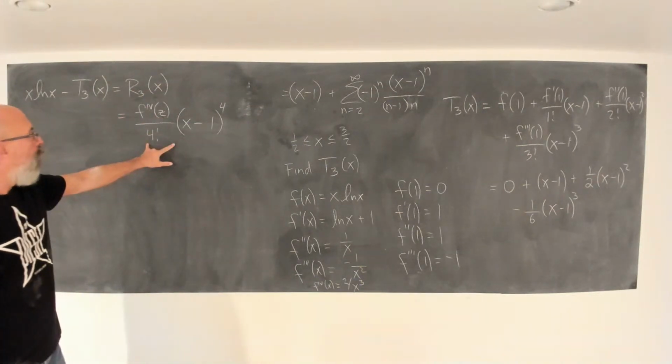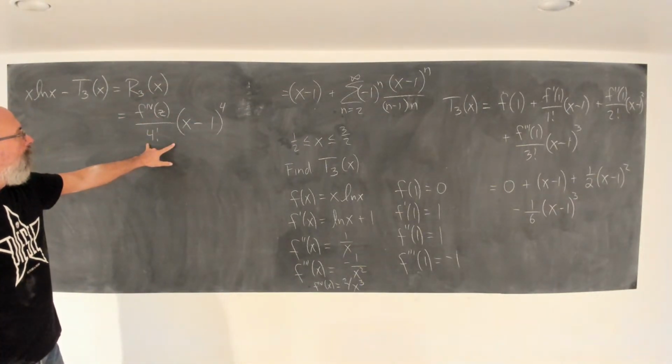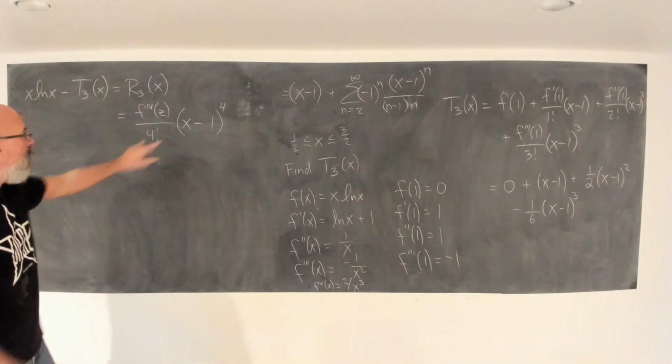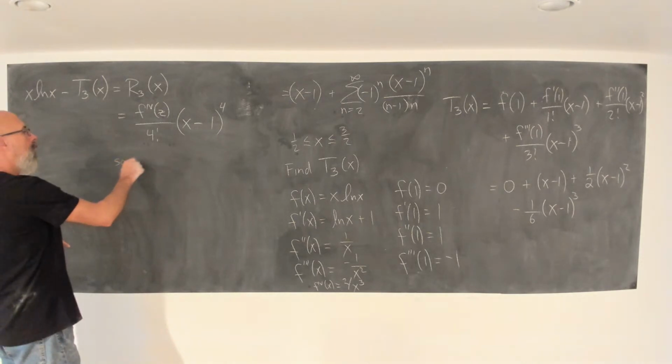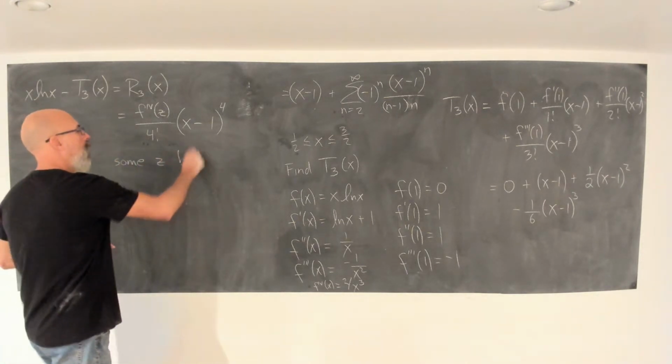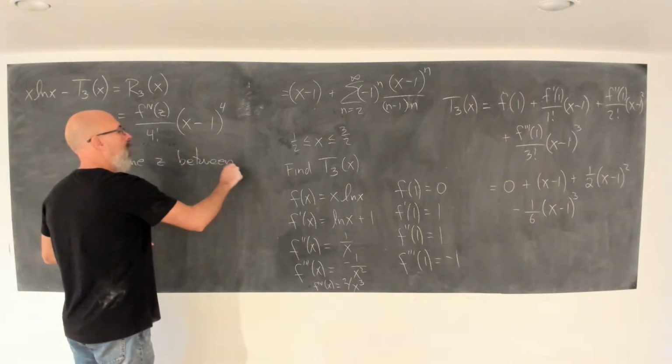Right, so that's what the Taylor remainder tells us. For some z between x and 1.